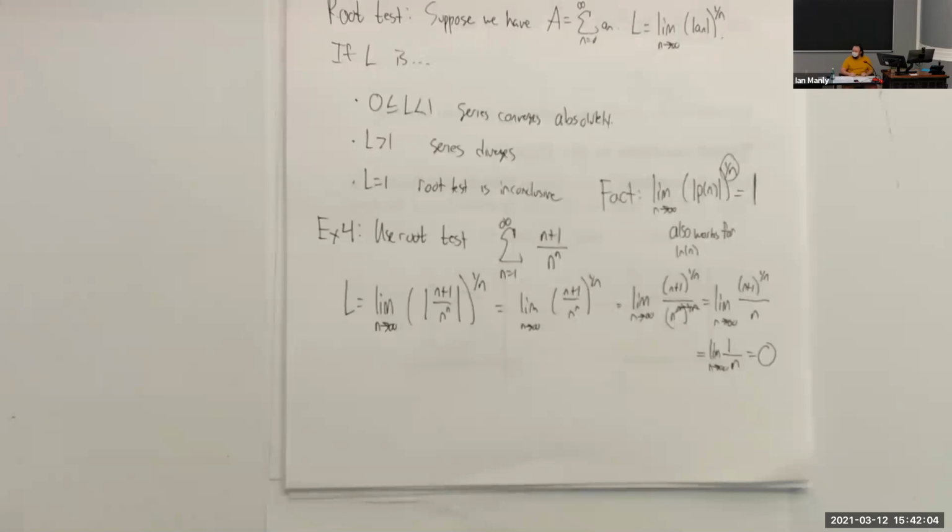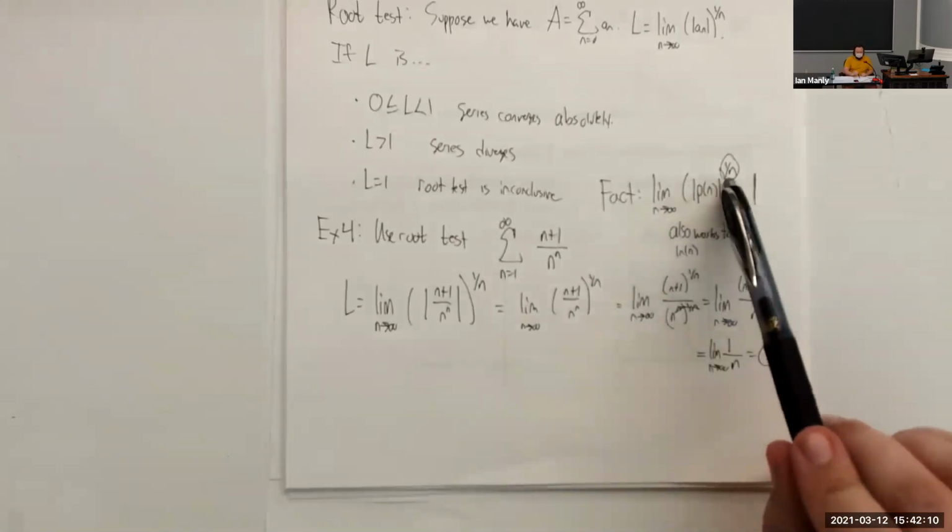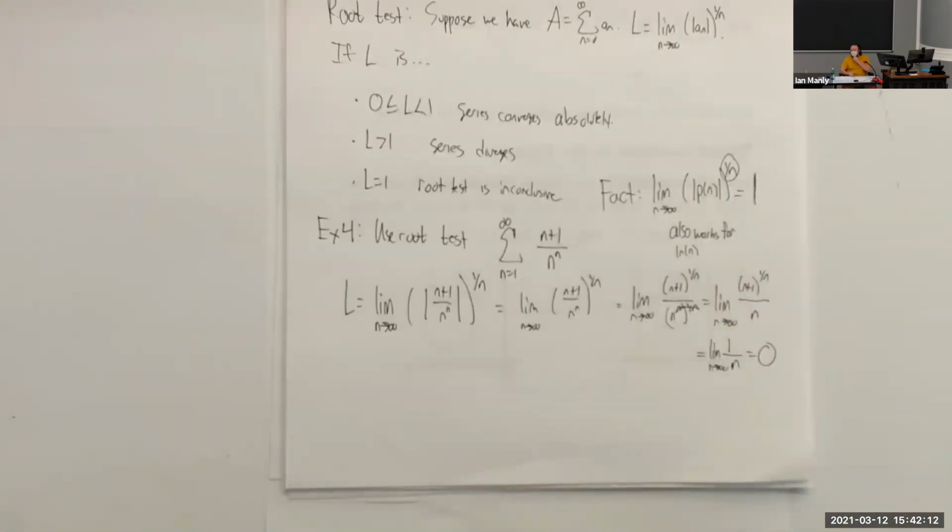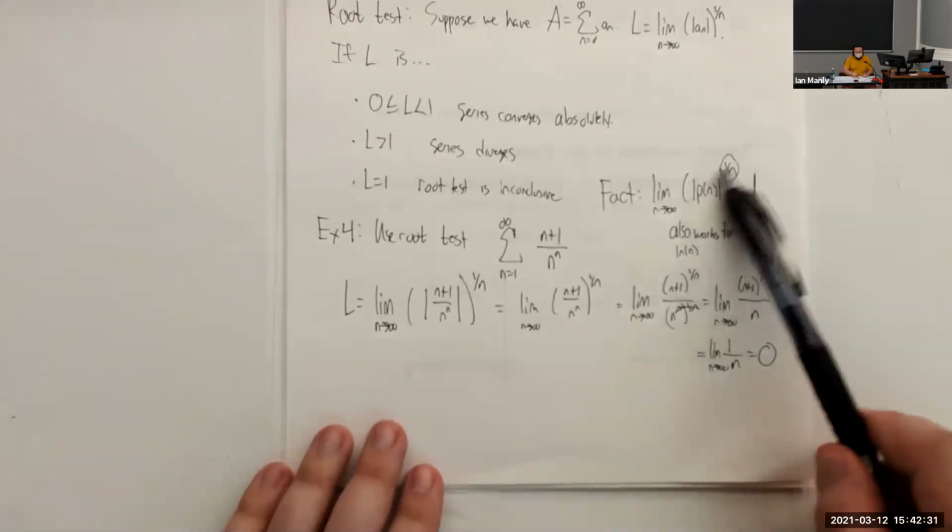So anything that's polynomial power or weaker is going to get sent to 1 if you put it in a 1 over n power. Now watch out, if you have a polynomial times something with logs, or maybe logs raised to some polynomial power or something like that, that might not necessarily go to 1. But if you just have logs or polynomials on their own, yes, that will definitely go to 1 in this context.